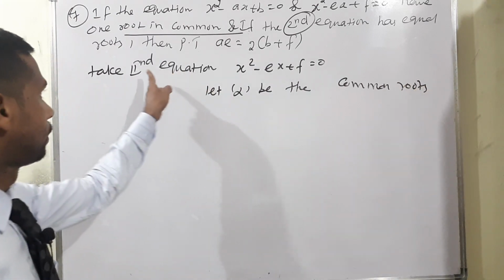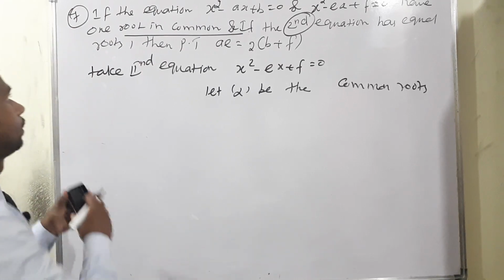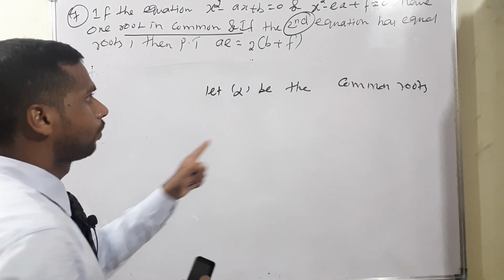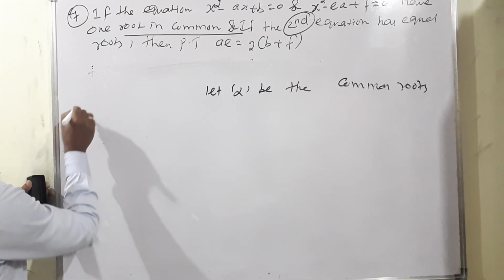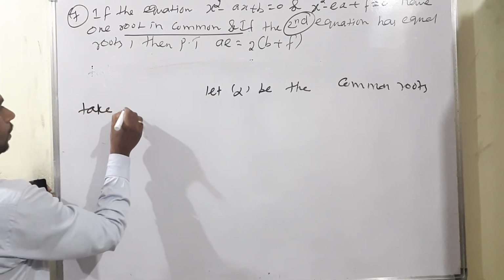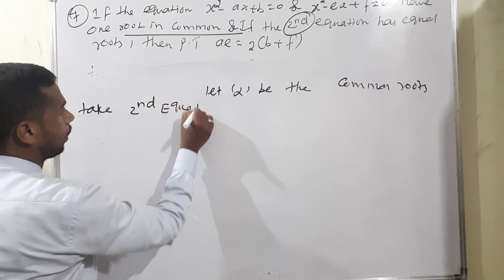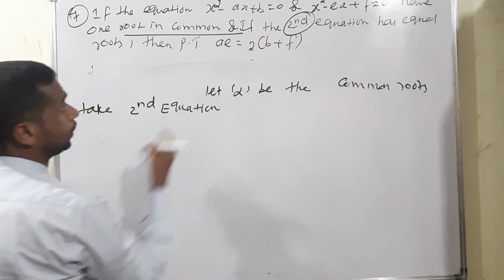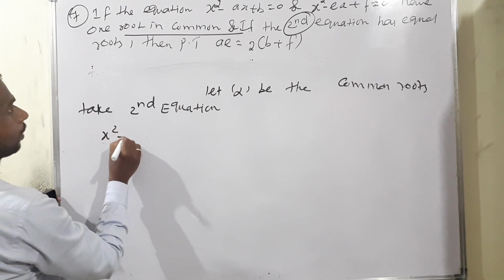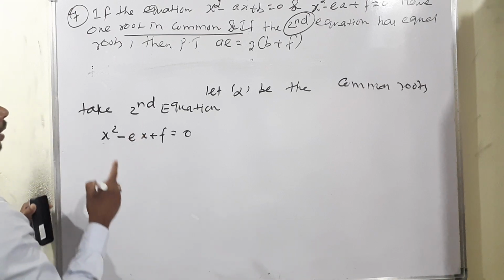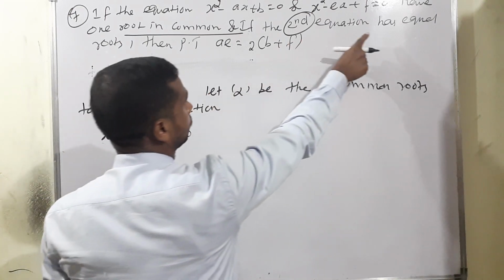Then we can start. First we have to take the common root. Let alpha be the common root. Now take the second equation: x square minus ex plus f is equal to 0. The condition also says the second equation has equal roots.